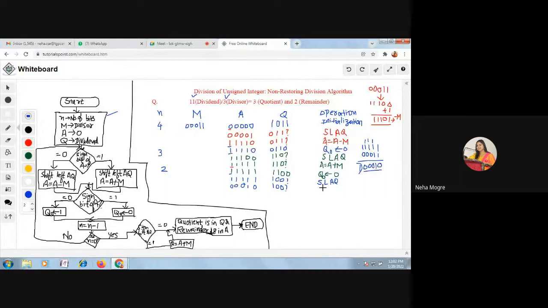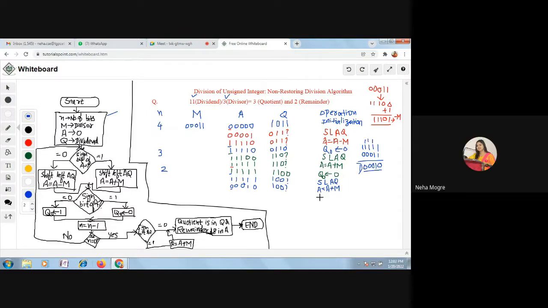So here we have performed A equals A plus M. Right, after performing this, again check the sign bit of A. What is the sign bit of A? It is 0.